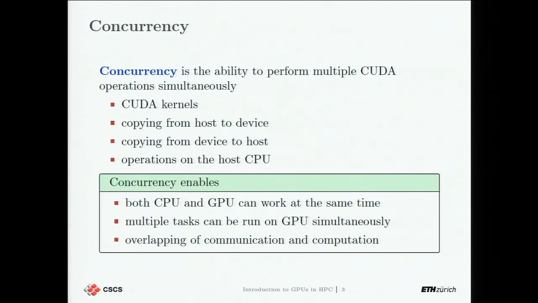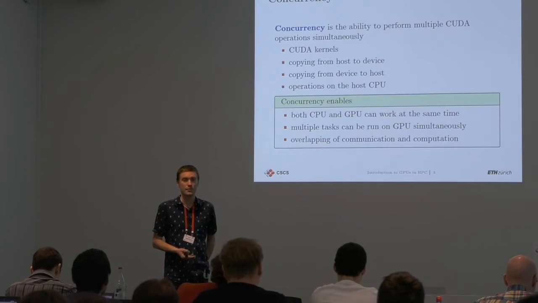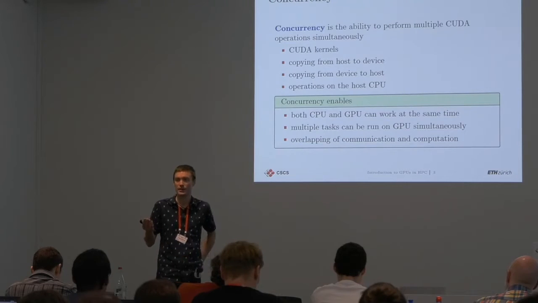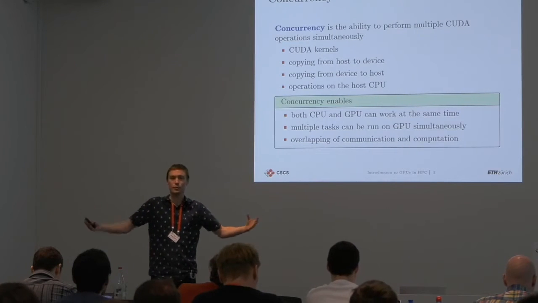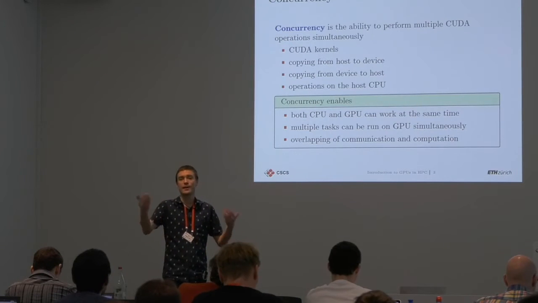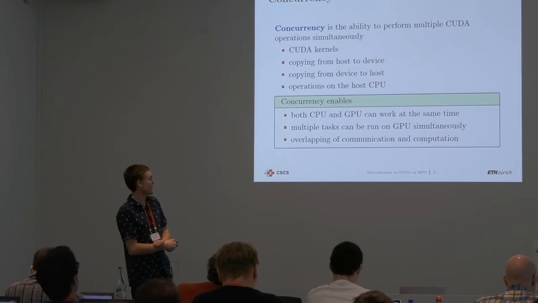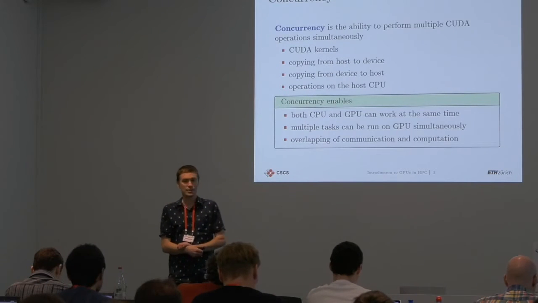So concurrency lets the CPU and the GPU work at the same time. It also lets you run multiple tasks on the GPU. In case you have kernels which aren't big enough to utilize all the resources on the GPU, you can run multiple kernels at the same time if they are independent, and utilize the resources better that way, and also overlap communication and computation.